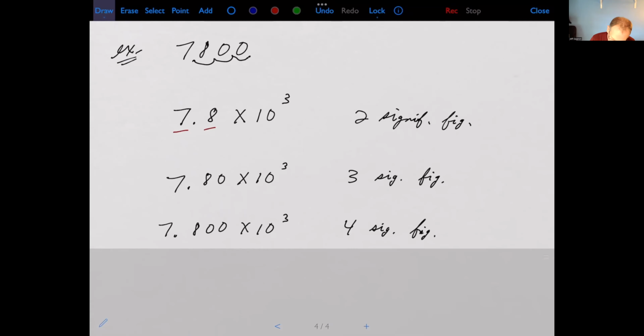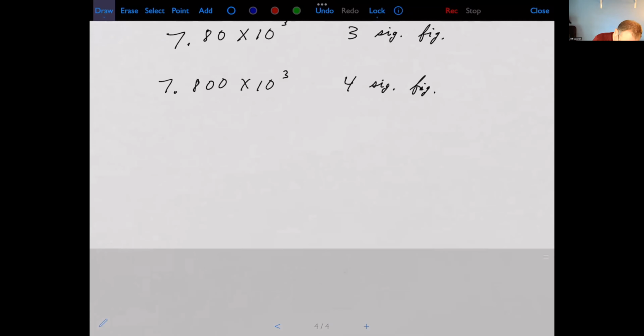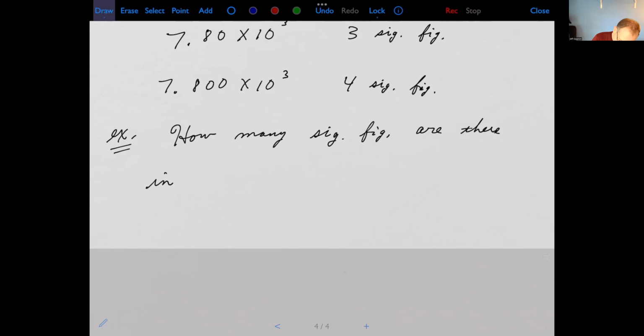Okay, a few more examples. So how many significant figures are there in this number? And I'll write it in scientific notation.